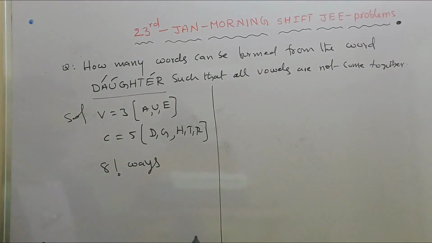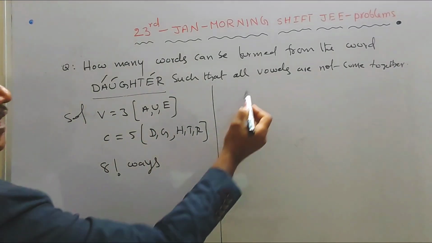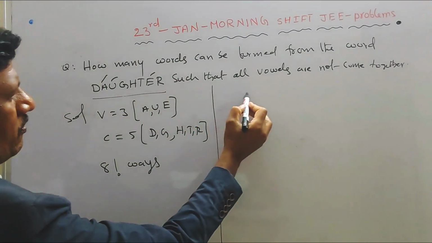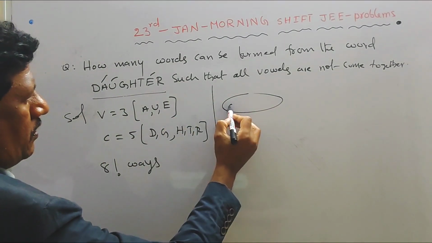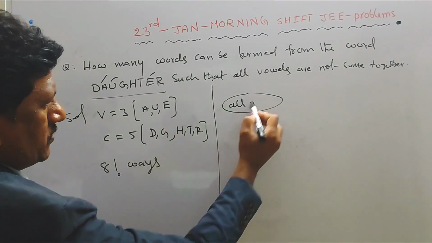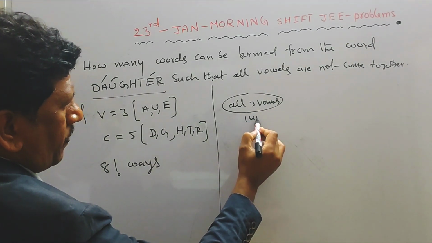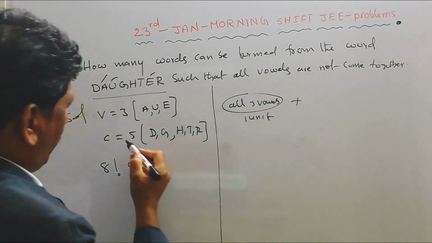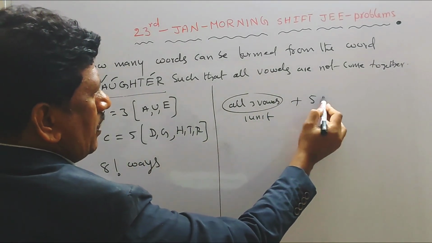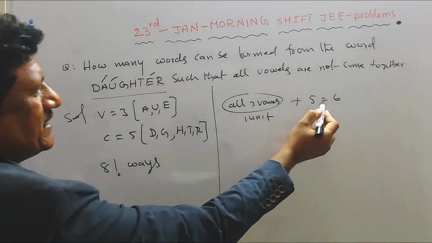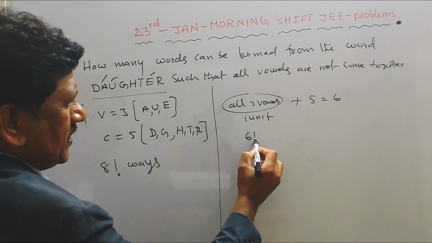Unwanted permutations means first you find out the cases where vowels come together. That means take all 3 vowels as one unit, plus 5 consonants. Total 6 letters are there. We can arrange these 6 letters in 6 factorial ways.